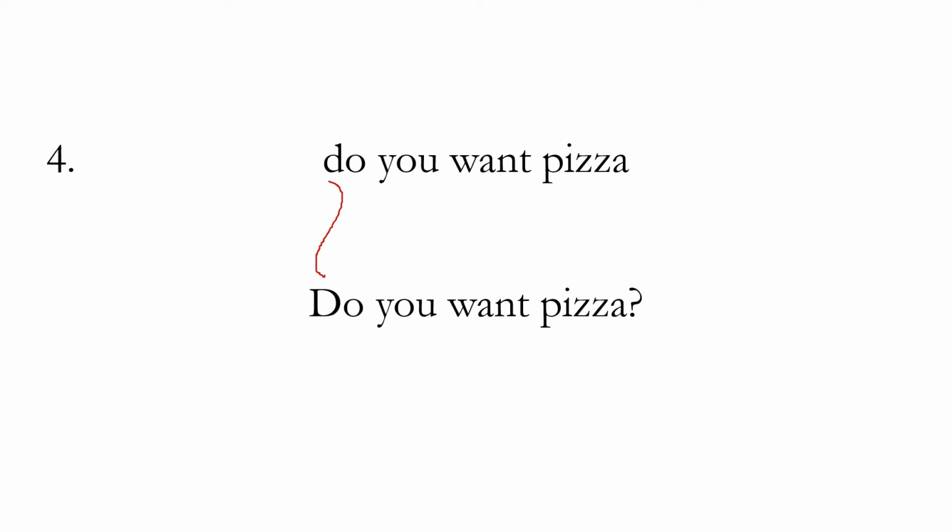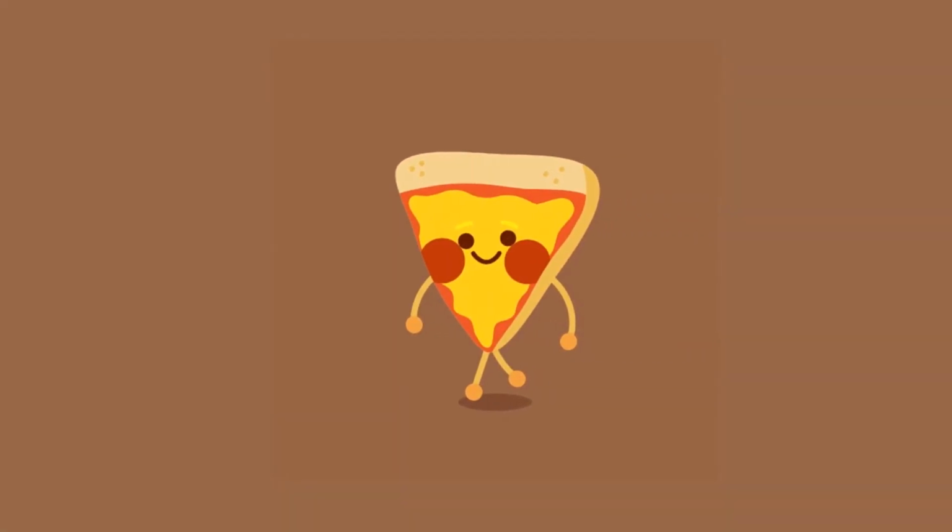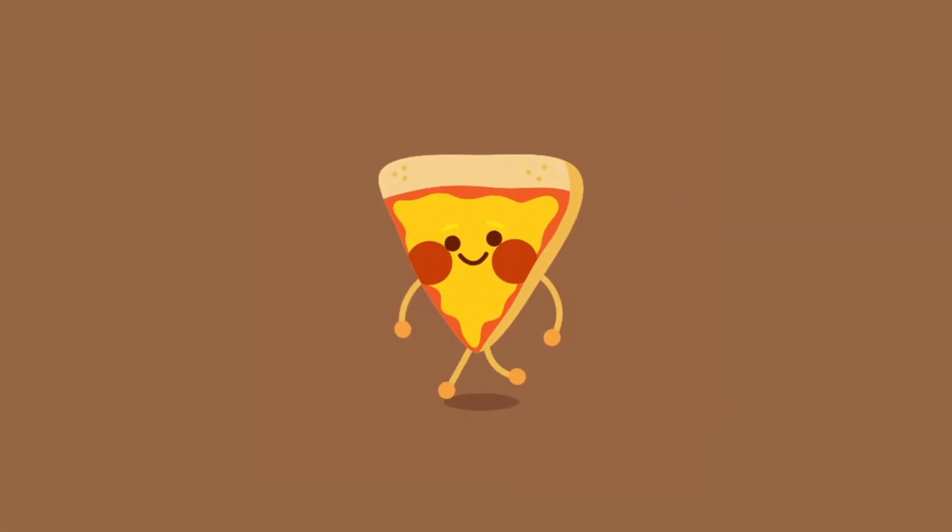So we capitalize our first letter, and remember, we have to put some kind of punctuation at the end of the sentence. Because this is a question, we're going to use a question mark. Now, the most important question of all: do you want pizza? I know the answer to that question. Of course I want pizza. Everybody wants pizza. It's the happiest thing in the world.